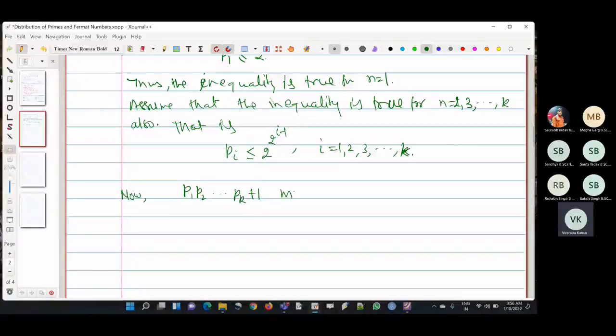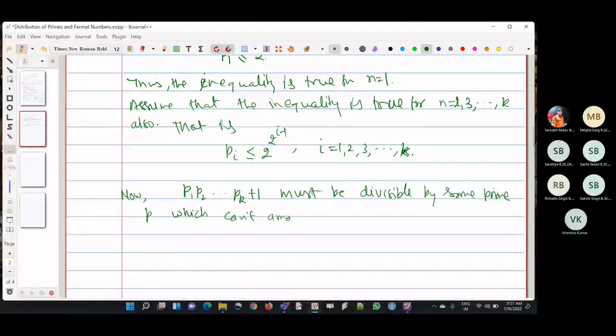This must be divisible by some prime p which cannot be among the pi.